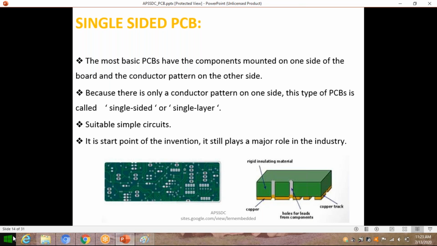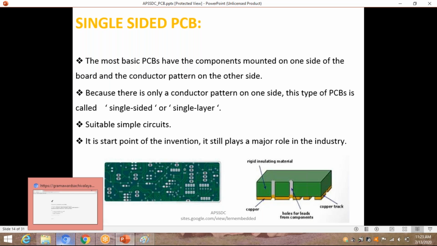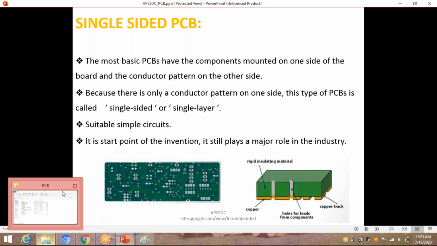Is it clear, guys? Yes, sir. The reason I give you the circuits is that you will be designing the PCB boards for those circuits from the next classes. Tomorrow and the day after tomorrow you will be designing only circuits, which has nothing to do with PCBs. Okay, from the next session.